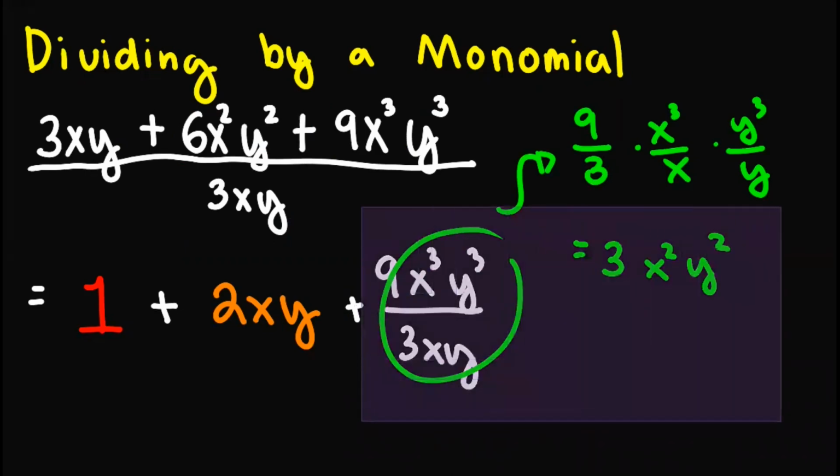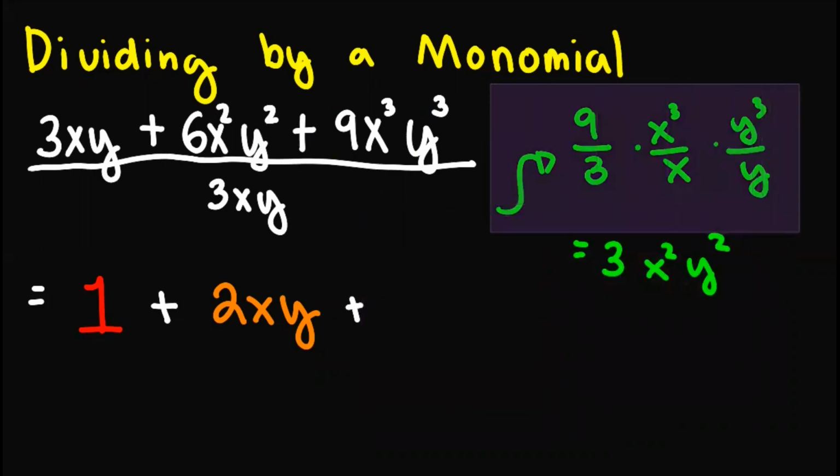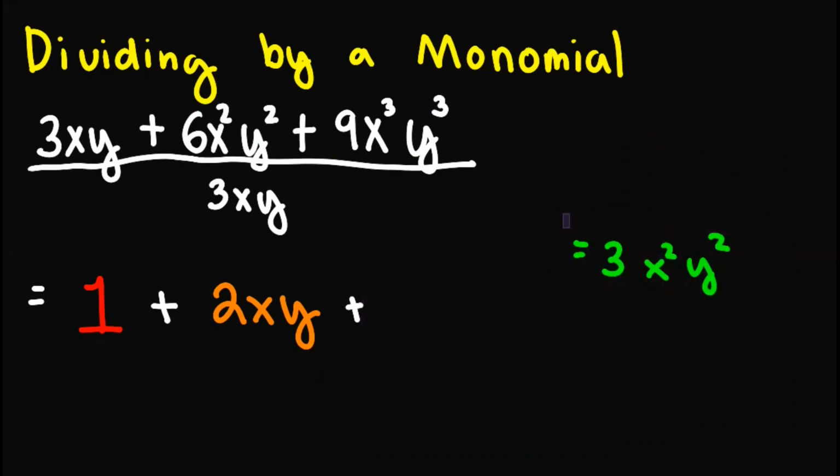So yeah, we can remove this one out here and put 3x squared y squared. And so we have finally divided this polynomial out here by this monomial.